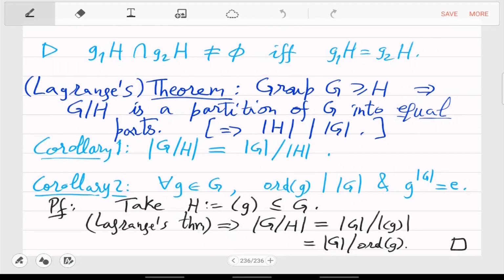Which group? No, G was an arbitrary group. No, you will get a part of the group. It's a recursive idea. You will reduce the big group into many smaller groups.